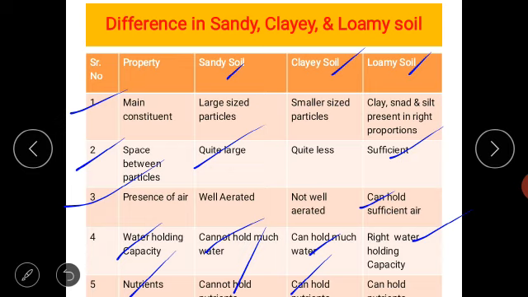Loamy soil holds a sufficient amount of nutrients, and it is very good soil for agriculture, for growing crops. So mostly the loamy soil is useful for agricultural purposes.